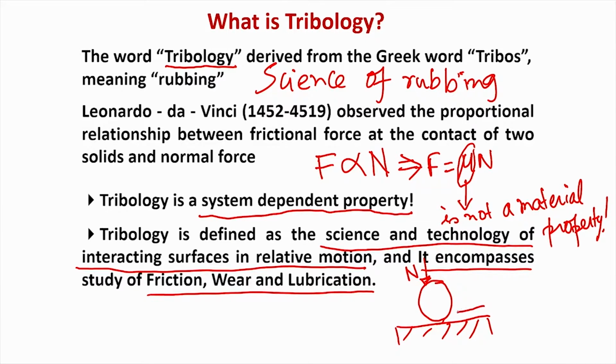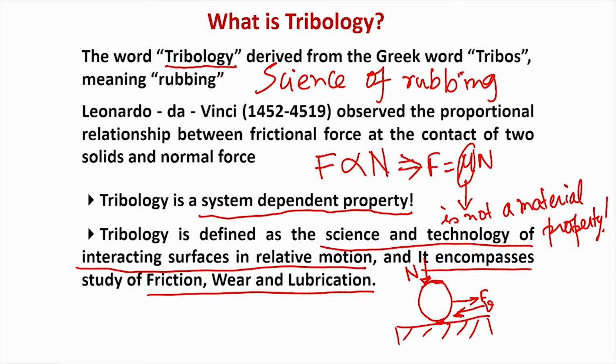Now, if you give some sliding motion to this particular contact, what will it have? You will essentially have the friction force acting here. The friction force will always act opposite to the sliding motion, because friction force is the force which opposes the motion of one solid over another.